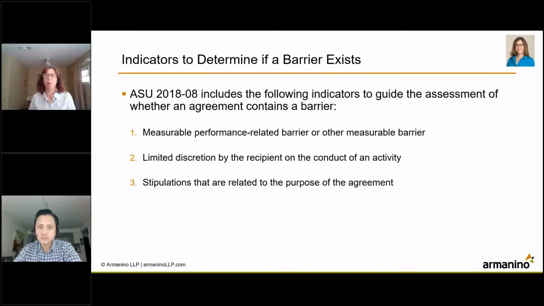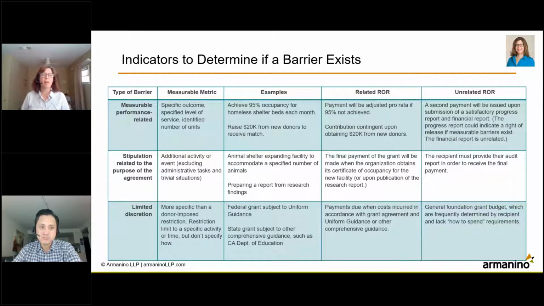So why don't we go ahead and move forward to that, because I find that the limited discretion and stipulations are easier to explain with an example. So we already talked about a measurable performance related barrier, and we'll come back to that. So let's talk about what is a stipulation related to the purpose of the agreement.